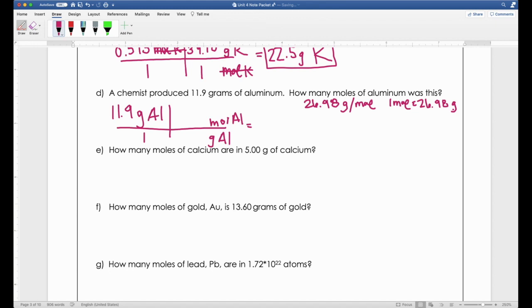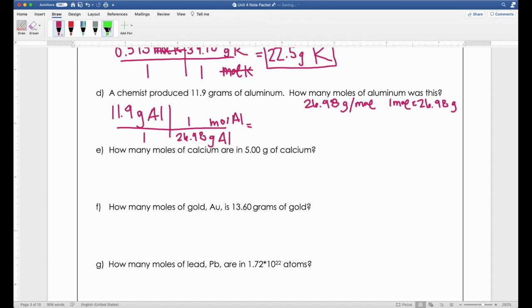Let's go ahead and plug our numbers in. Again, we need to represent this correctly in my dimensional analysis problem. In order to do that, 1 mole of aluminum has a mass of 26.98 grams of aluminum.